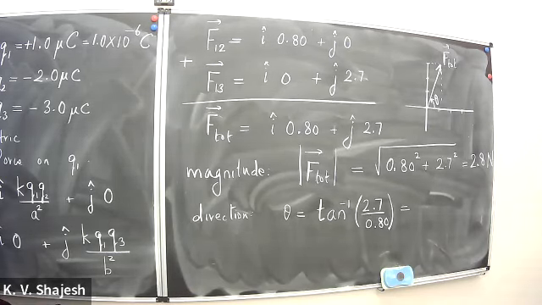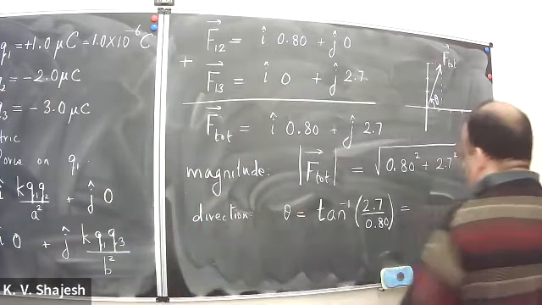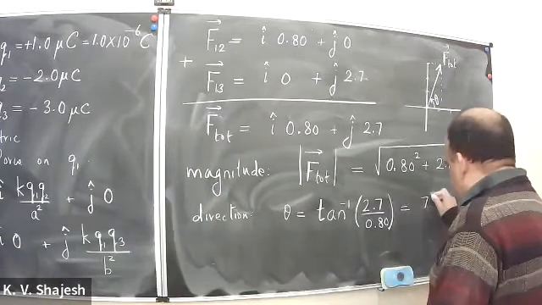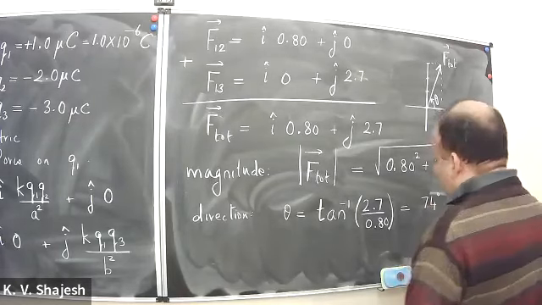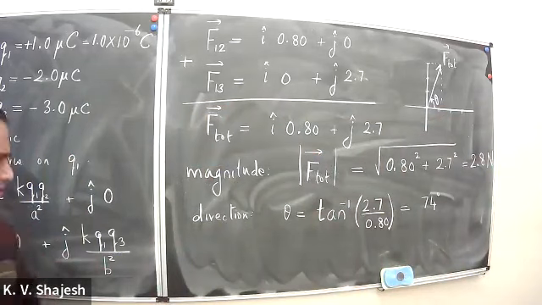So this is tangent inverse of 2.7 divided by 0.8, and that comes out to 73.5 degrees, and to 2 digits, it is 74 degrees. But I have to clarify with respect to what, right? Whenever you say an angle, it is always with respect to something.